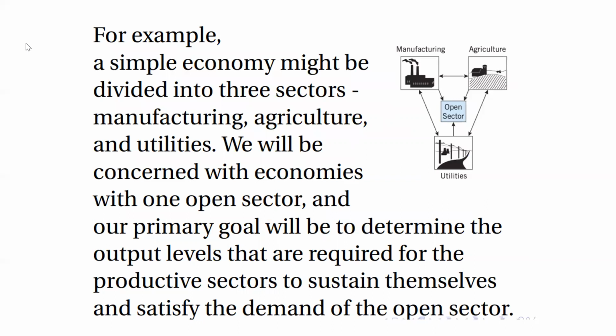For example, a simple economy might be divided into 3 sectors: manufacturing, agriculture, and utilities. We will be concerned with economies with one open sector, and our primary goal will be to determine the output levels that are required for the productive sectors to sustain themselves and satisfy the demand of the open sector.